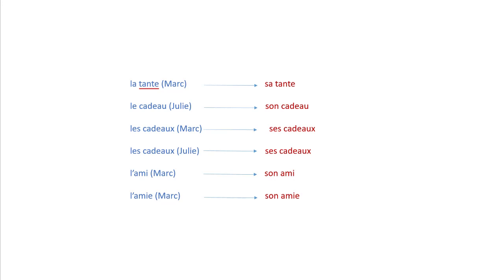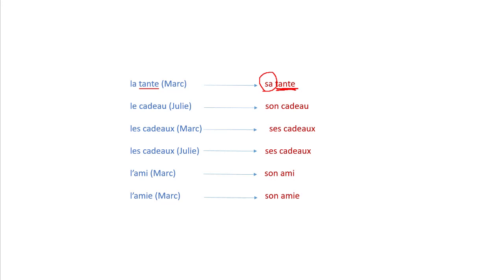That is because tante is feminine. That is what matters, that the noun that the possessive adjective modifies, if that's feminine, then you're going to use the feminine form. So you're going to say sa tante, whether it's his aunt or her aunt. It's always going to be sa tante, because tante will always be a feminine noun.